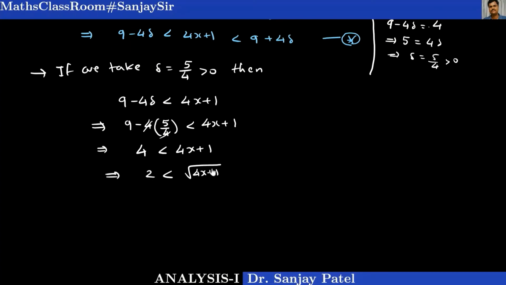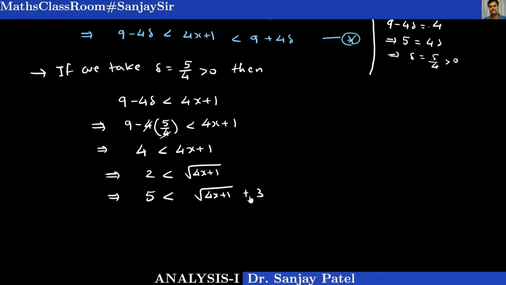So the basic idea for taking delta equal to 5 by 4 is to get some perfect square in place of this 9 minus 4 delta. Because I want to find the square root of 4x plus 1. So that's why I have chosen delta equal to 5 by 4 by some observation. Now adding 3 on both the sides because we want 3 there. So 2 plus 3 is 5, which is less than square root of 4x plus 1 plus 3.